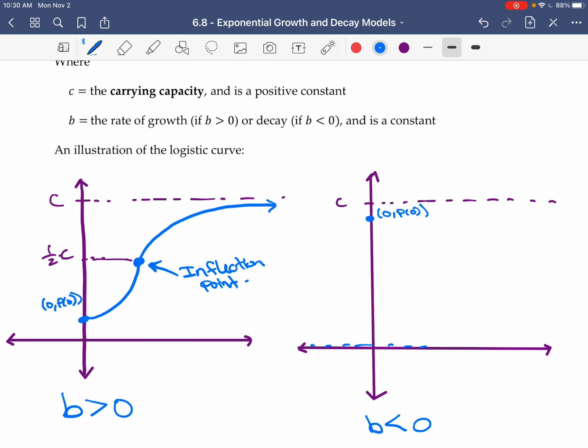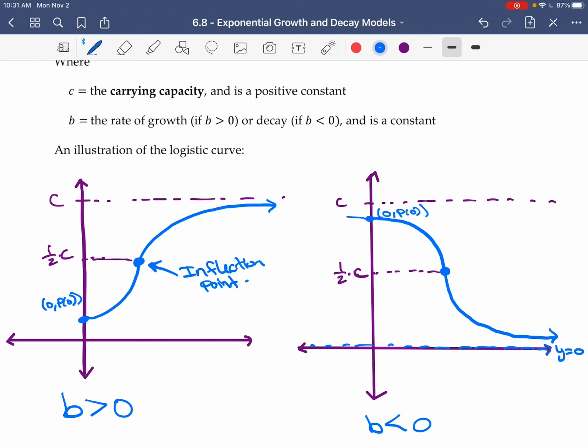It's going to decay and approach 0, so this is the line y equals 0. It's going to look similar: it decays quickly at the beginning, and then at about halfway it slows down and approaches that asymptote. Again, this happens when you reach half the population size.